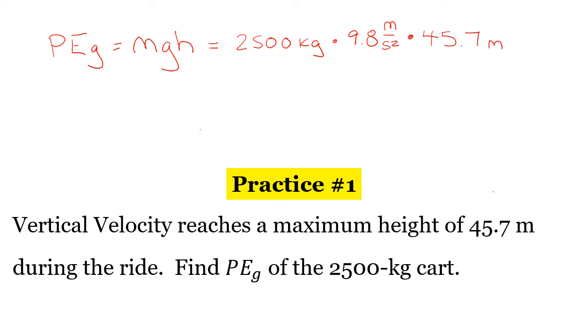Okay, and when I multiply these together, 2,500 times 9.8 times 45.7, that will get us an answer of 1,119,650 joules. It's about the amount of energy I wake up in the morning with, excited and ready to go to school.